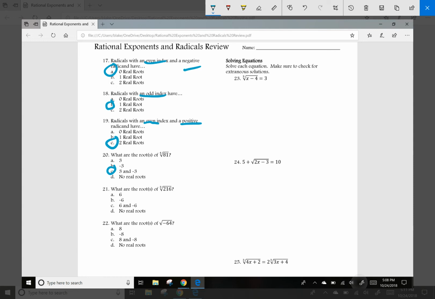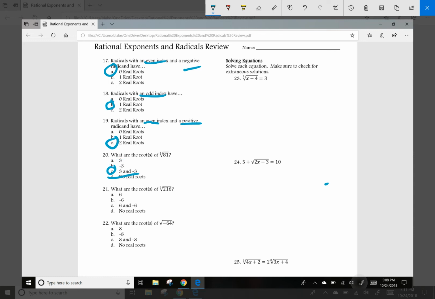But yeah, it is 3 and negative 3, because 3 to the fourth power is 81, and you can check me if you want. Negative 3 to the fourth power is also 81. But I knew that answer only because even and positive has 2 solutions, and that was the only answer choice with 2 solutions. A is only 1 choice, B is only 1 choice, and D says none.